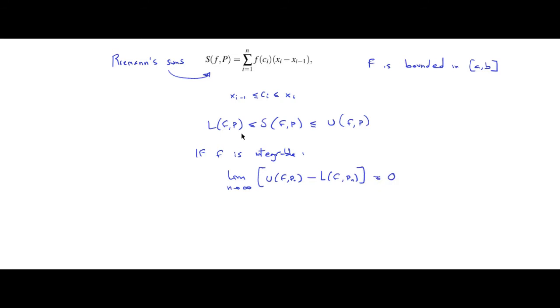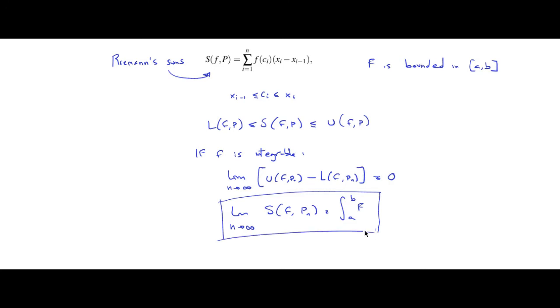Now, using the sandwich theorem, this means that both sums go to the integral. So if you choose any sequence of partitions that gets finer and finer so that this difference goes to 0, the limit of the Riemann sum with respect to that partition is going to be the integral.